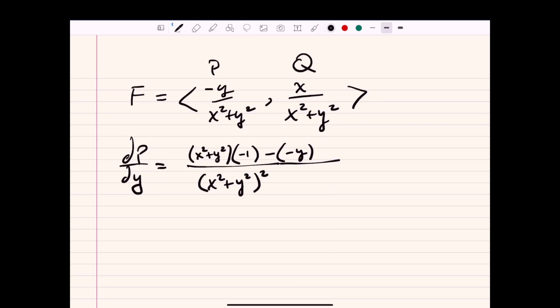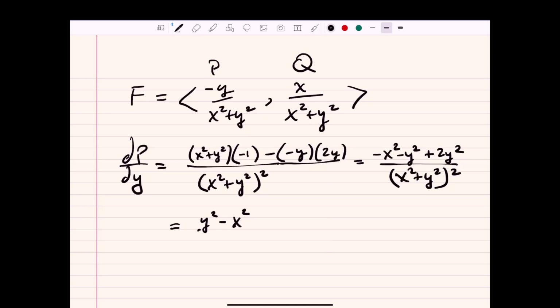The derivative of x squared is 0, so we just get 2y. So this whole thing will be negative x squared minus y squared plus 2y squared, over the quantity x squared plus y squared, all squared. Now we can combine like terms in the numerator: we have y squared minus x squared, everything divided by x squared plus y squared, all squared. Okay, that's the derivative of the first component with respect to y.